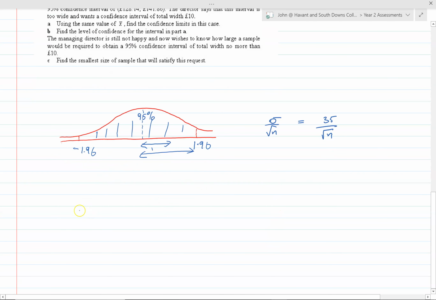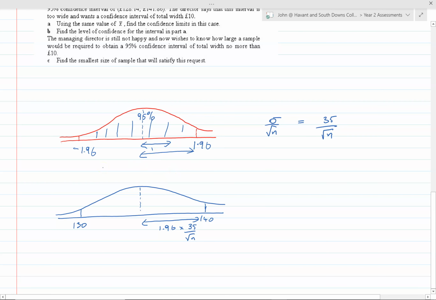Right, so now again, we want it so that 95% lies between these two values, 140 and 130. So again, we need this 1.96 times the standard error, because we're comparing with the original standard normal distribution.